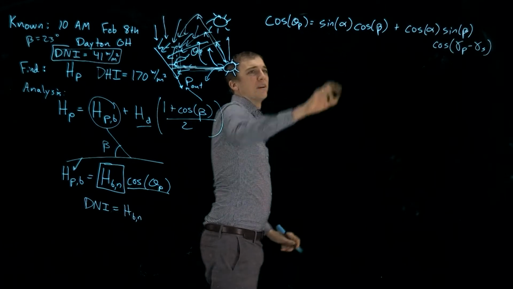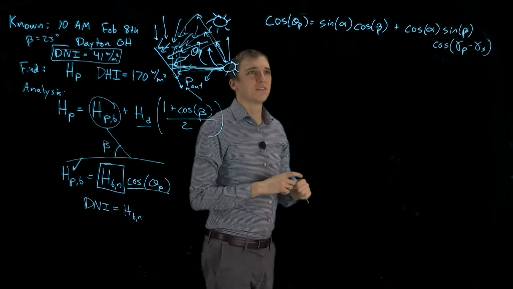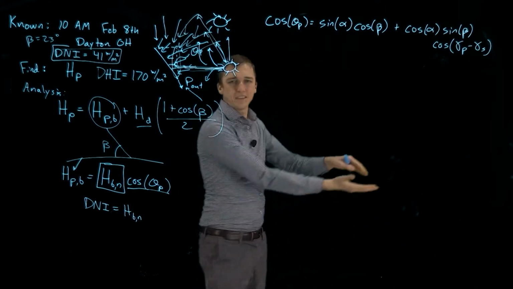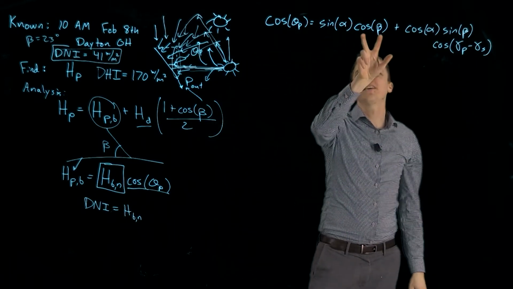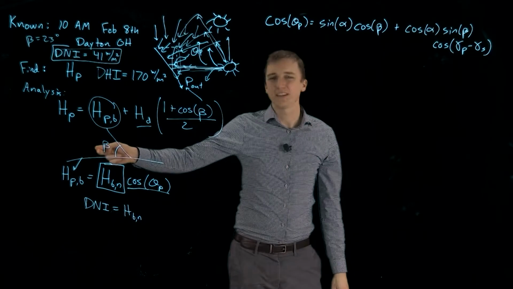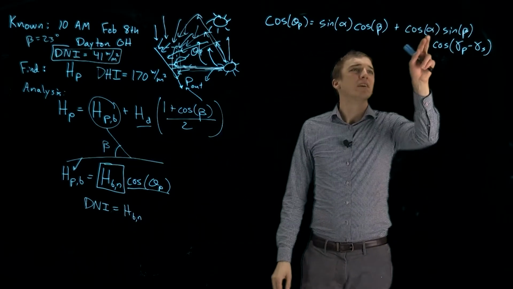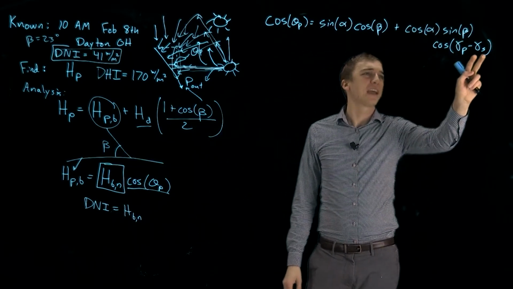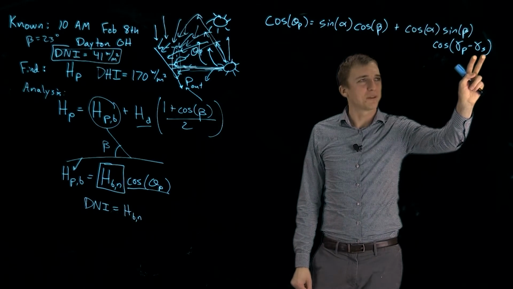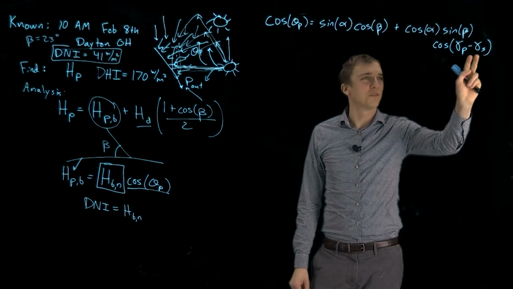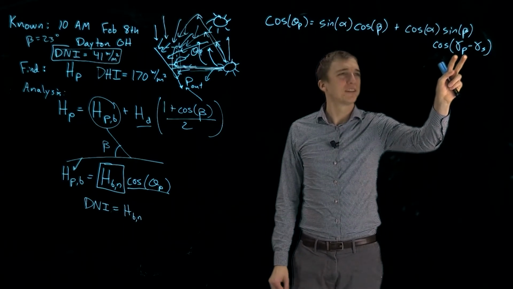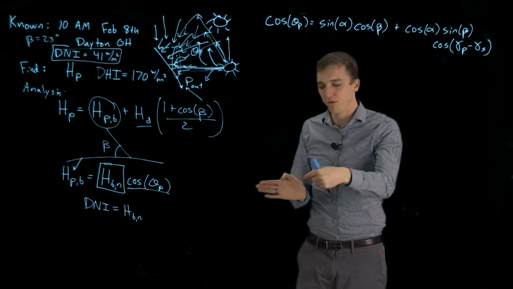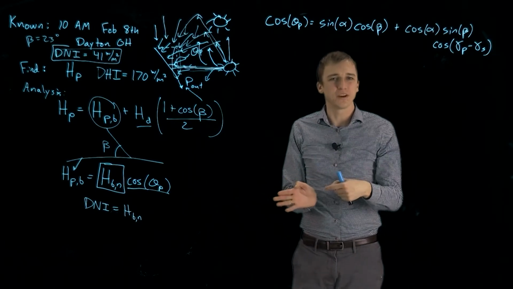Okay, so the sine of alpha, where alpha again is the elevation of the sun relative to the ground. We then have beta, where beta is the tilt of our panel. Here's alpha and beta again, and then we have the azimuth of the sun, which is the position of the sun relative to direct south, and the azimuth of the panel, which is the position of the normal of the panel relative to direct south.